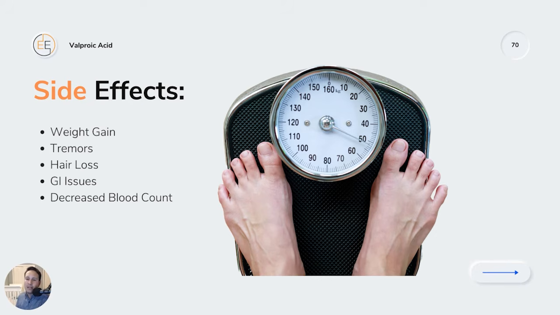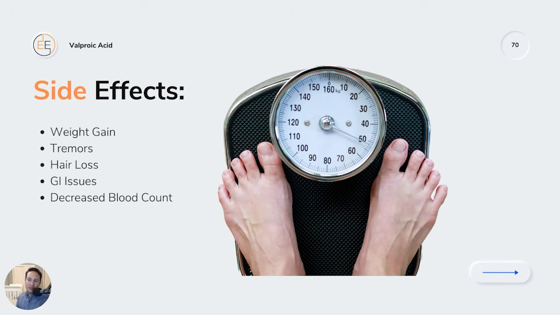This is a concern for clients since research shows that about 50% of patients on valproic acid reported some increase in weight. Tremors, hair loss, GI issues, and decreased blood count are other side effects. Aside from the weight gain at 50%, the other effects are actually less than 5%.